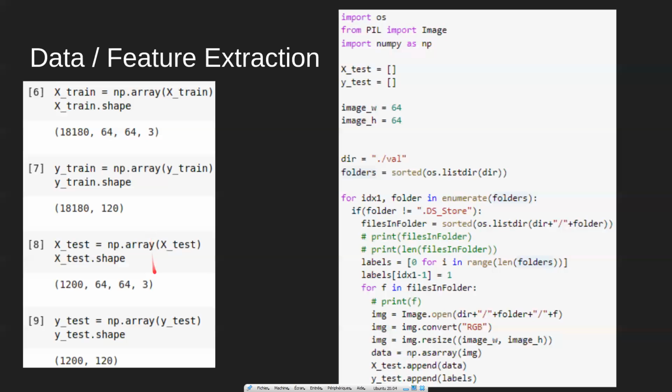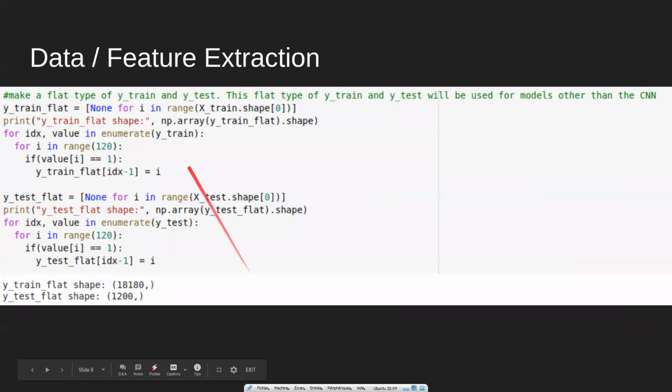So here, as you can see, we have 18,000 photos for the X train and 120 different classes for the Y. The other thing we did is we also made a flat one.